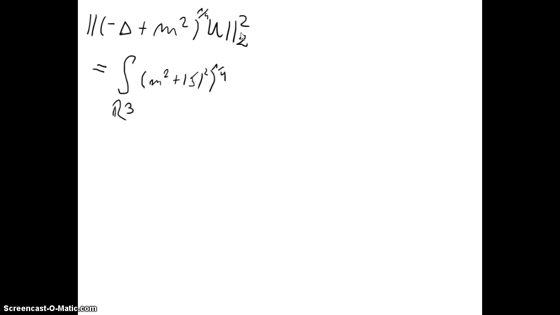Now instead of 1/2 we'll have 1/4, times the Fourier transform of u, squared, d xi.